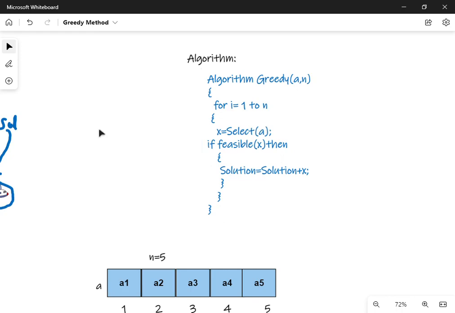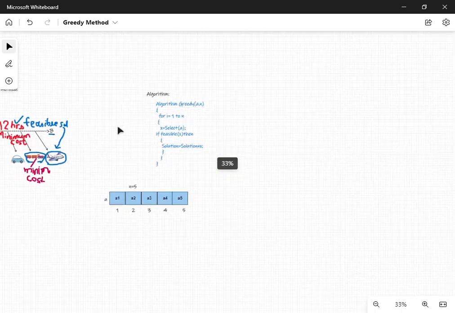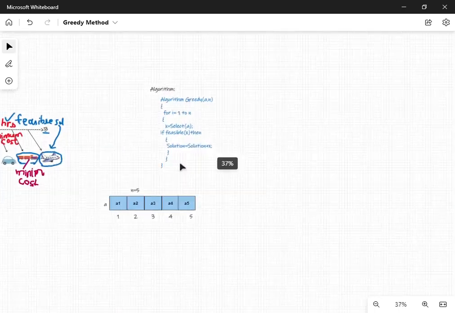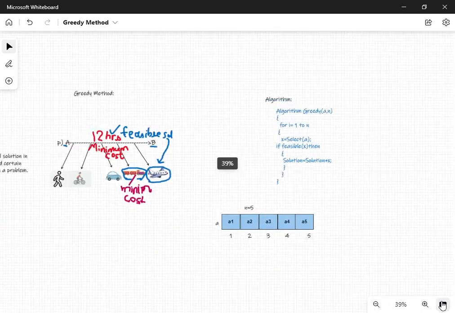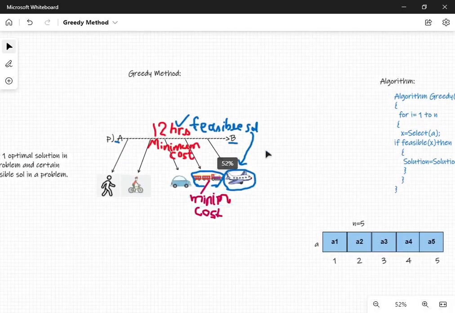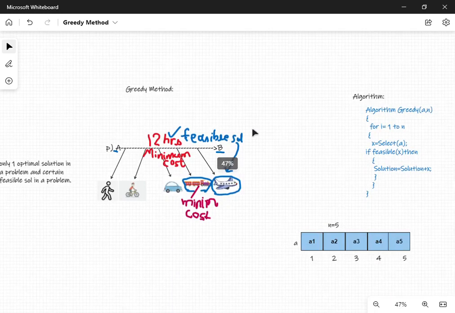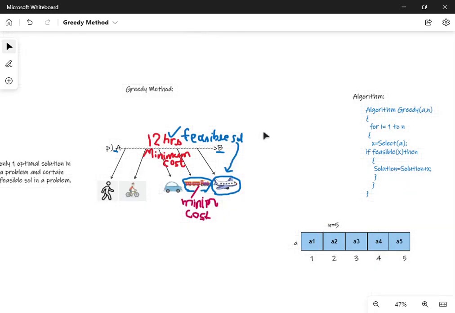Let me give you an example. For example, if a person wants to buy a car, he must buy the best one for him. So what does he do to buy a car?